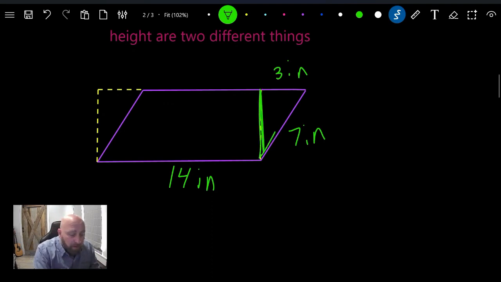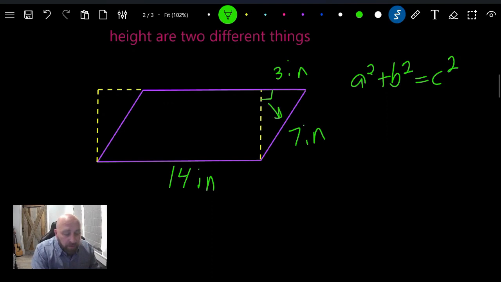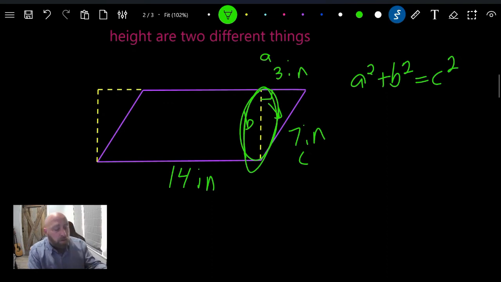Look what we have right here. We have a right triangle. And what do we know about right triangles? We know that a squared plus b squared equals c squared. So if this is our right angle, this is going to be our c. So we could call this our a, and this could be our b. And so we would just plug into the Pythagorean theorem, and it would tell us what our height is.